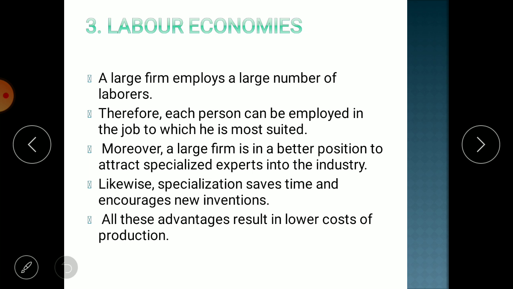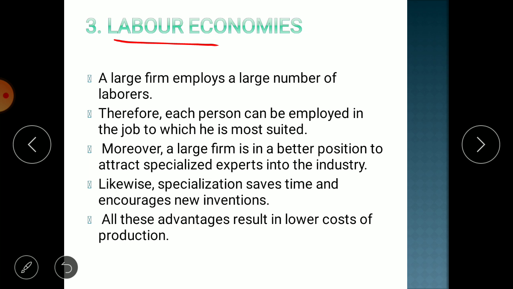The small firm produces less, that is why their cost of production is more, and the large firm produces more, that is why their cost of production is less. Here we are taking this in the context of labor economies. As laborers are working inside the organization, these fall under the category of internal economies.